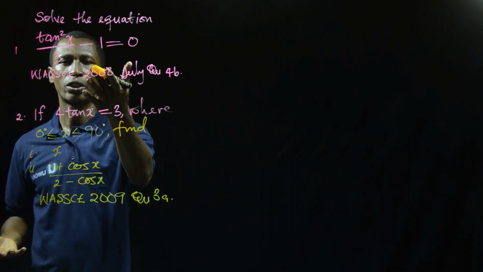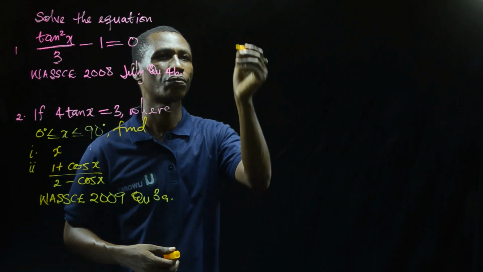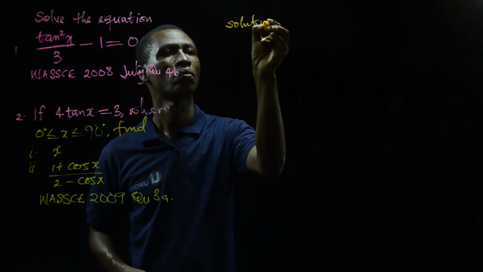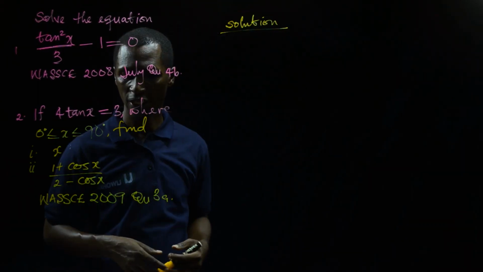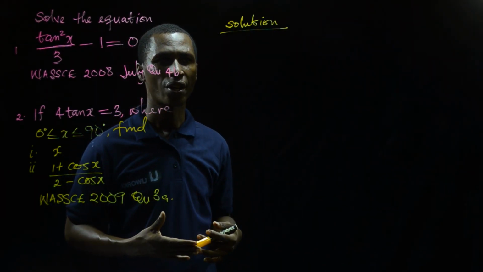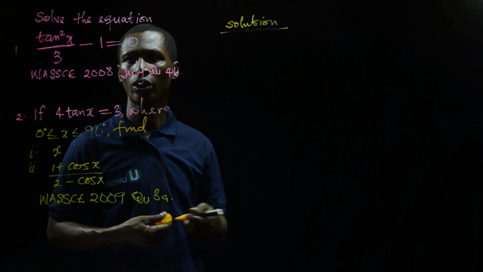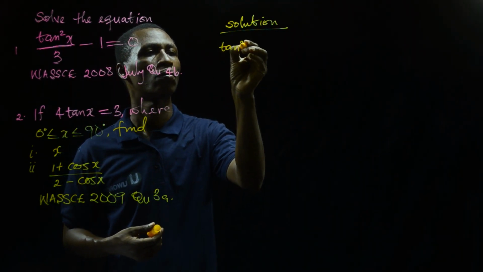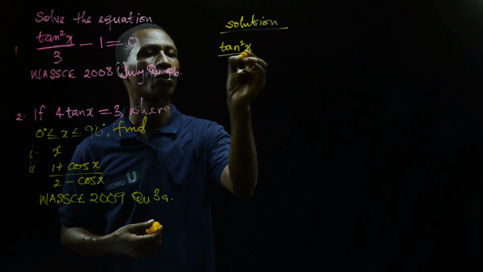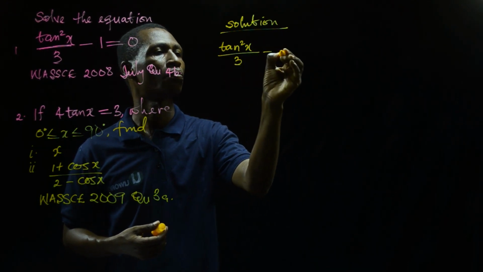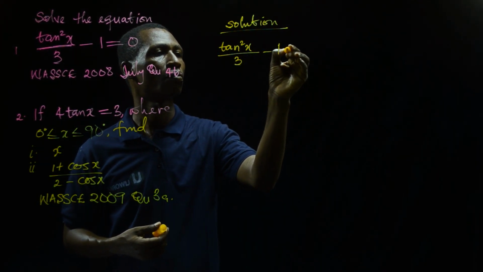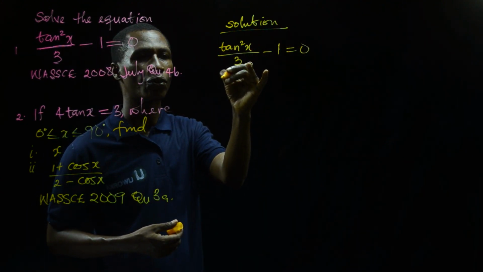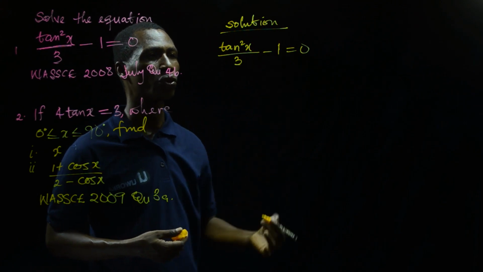So we take the first one, solution. It's advisable we write the question again. So the question reads tan squared x on 3 minus 1 equals 0.